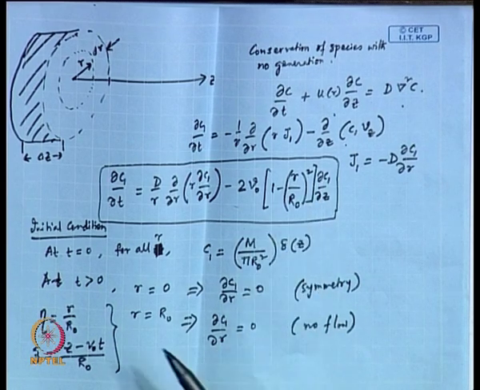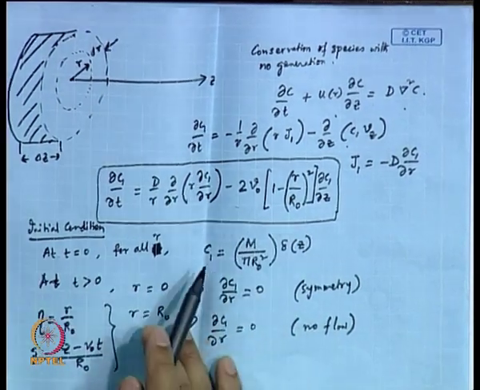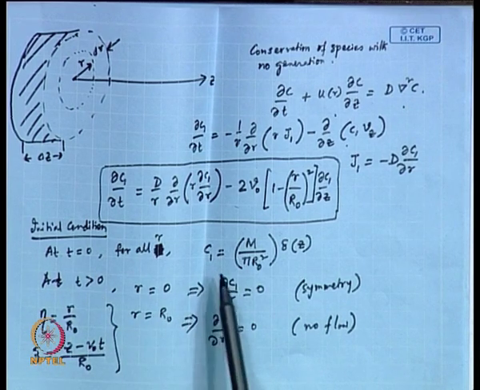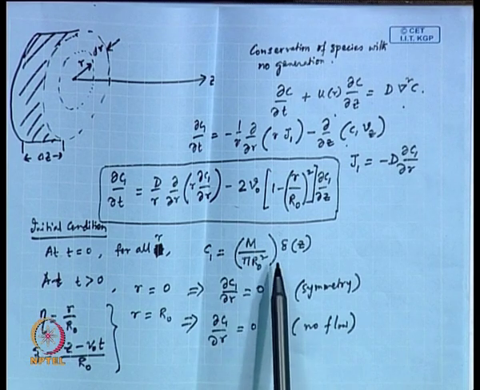So, this is the governing equation, and at that time I pointed out that the initial condition is, at t equal to 0 for all r, the concentration is given as m by pi R0 squared delta z.